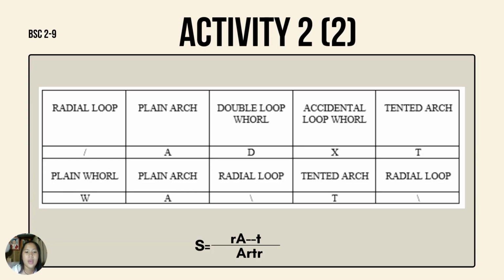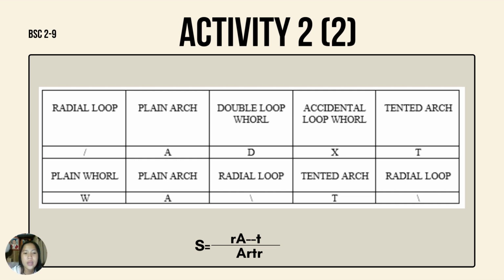So next, for number 2. Again, we are given a set of symbols: slash for radial loop, A for plain arc, D for double loop whorl, X for accidental loop whorl, T for tented arc, W for plain whorl, A for plain arc, slash for radial loop, T for tented arc, and then slash for radial loop.